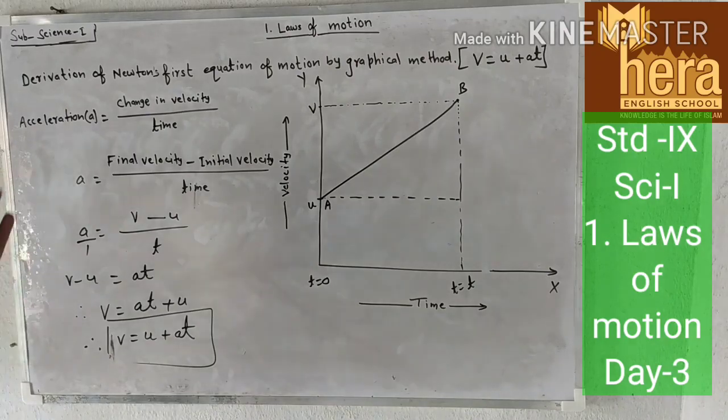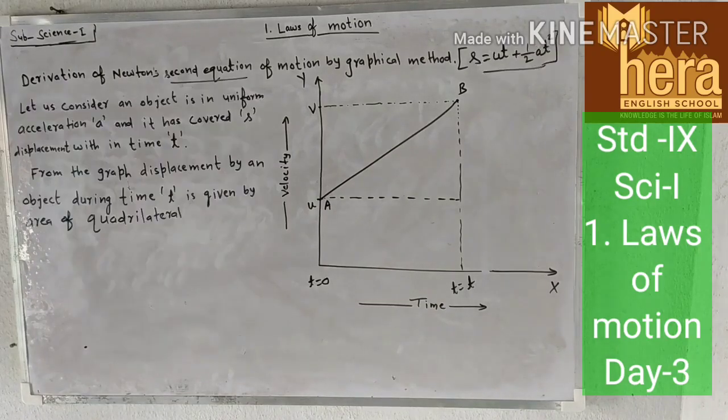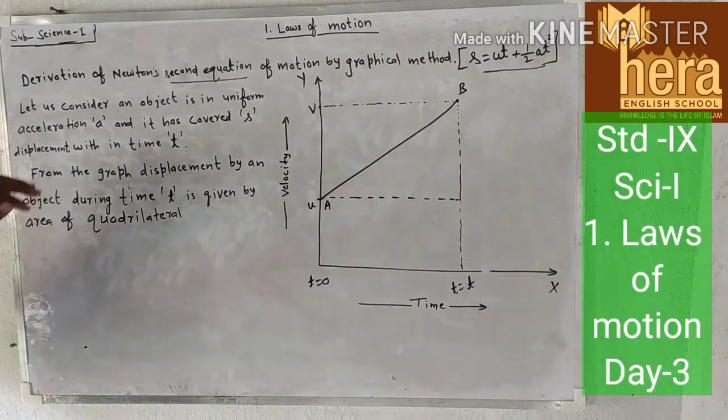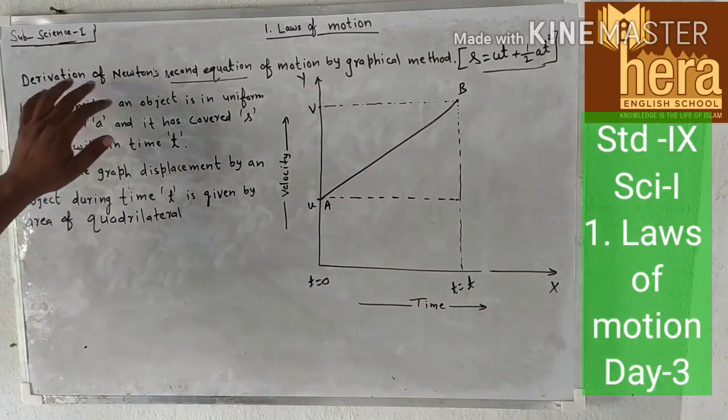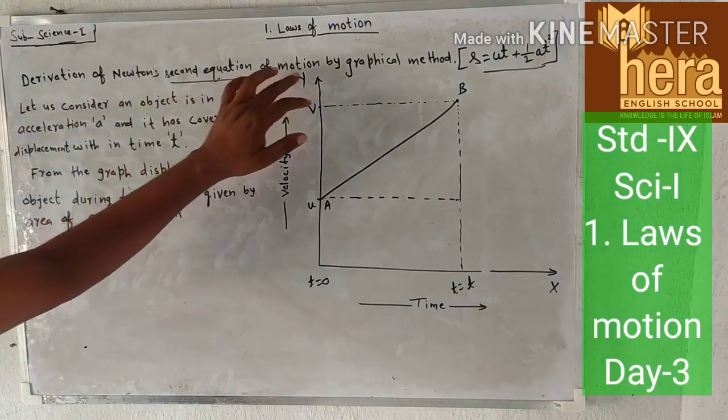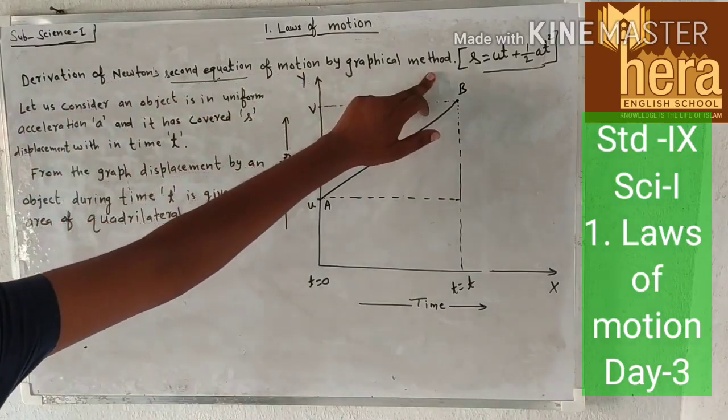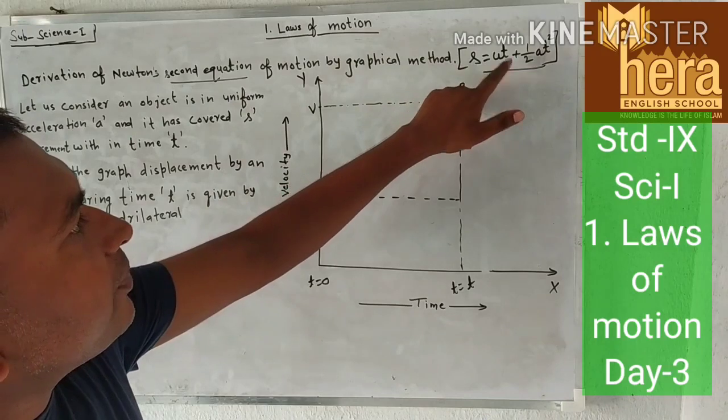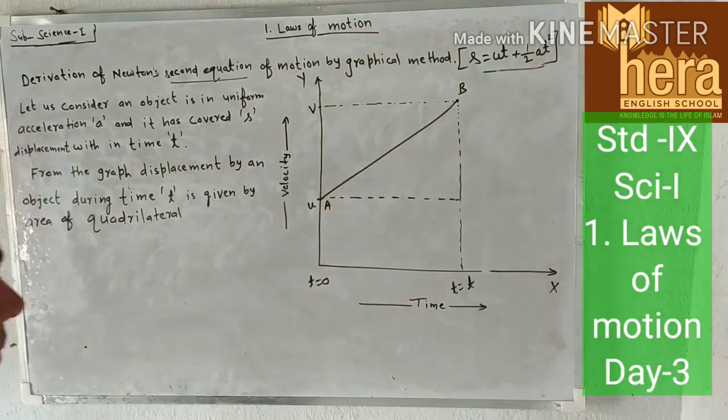Now we are going to derive Newton's second equation of motion. So derivation of Newton's second equation of motion by graphical method, that is we are going to derive s = ut + 1/2 at². Okay.